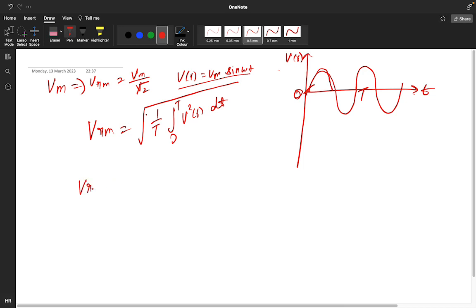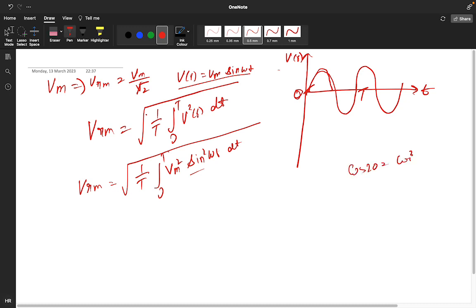If you substitute, V RMS is root under 1 upon T, integral 0 to T, Vm square sine square omega t dt. What is the formula for sine square omega t? Cos 2 theta equals cos square theta minus sine square theta, so cos 2 theta equals 1 minus 2 sine square theta.